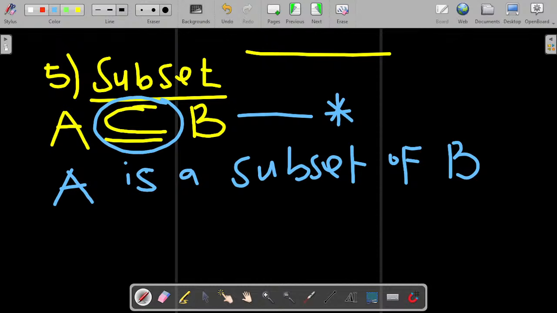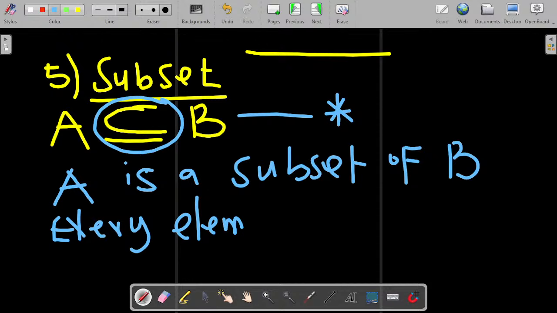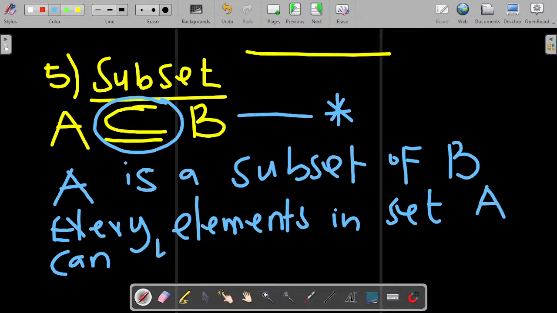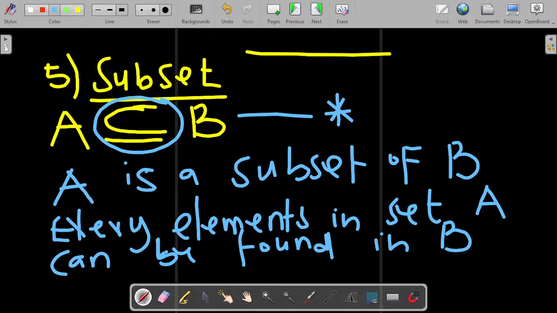So this one means that every element in set A can be found in B. I'm going to give you a typical example now.